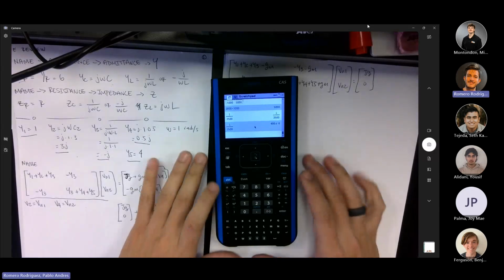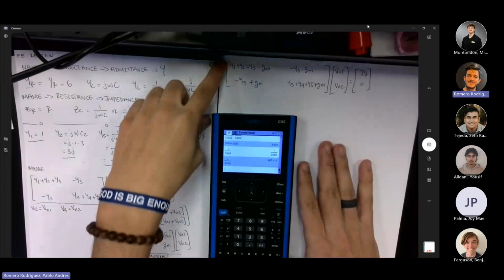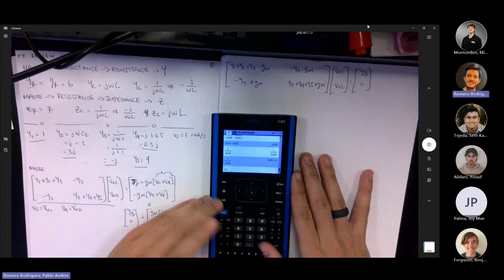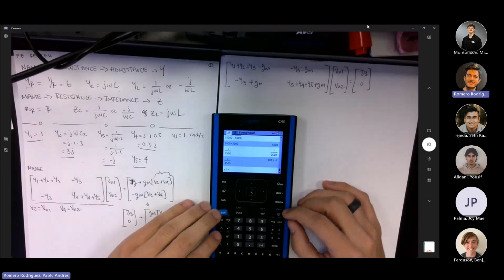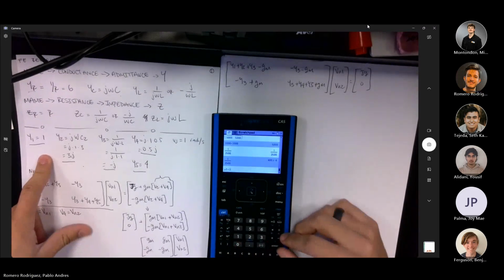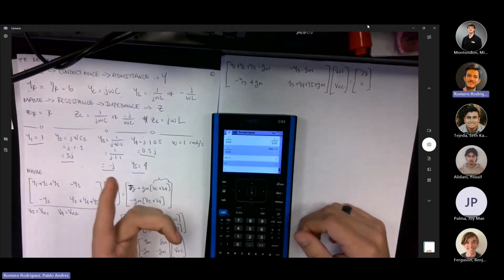What I like to do sometimes is make variables of the values I have up here. I can name a variable y1 and set it equal to 1, and then y1 is equal to 1.